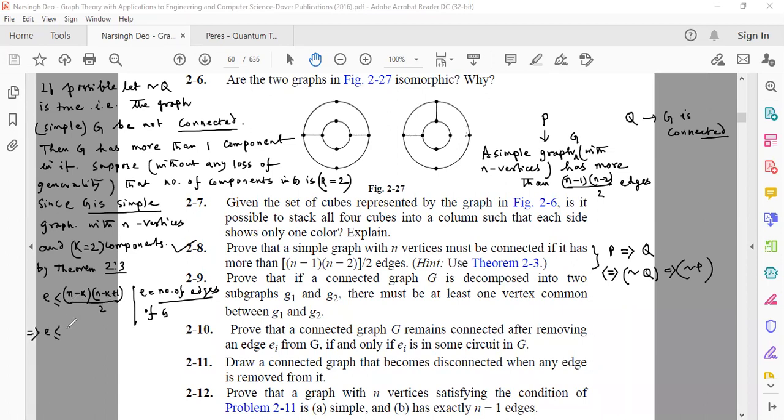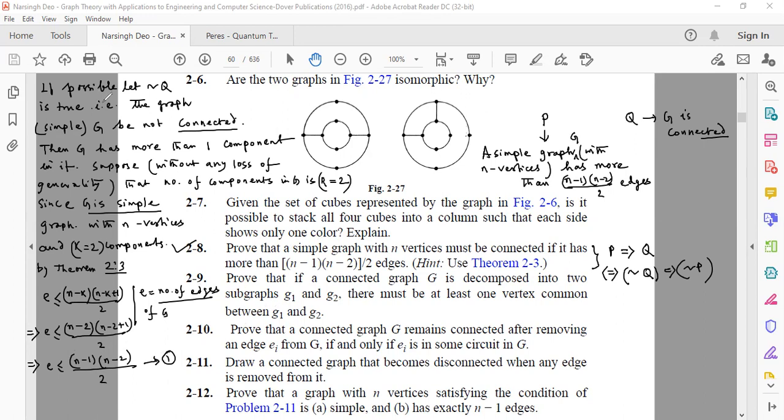If I substitute the value for k, we will get (n minus 2)(n minus 2 plus 1)/2. And this becomes: the number of edges is less than or equal to (n minus 1)(n minus 2)/2. We can name this as equation number 1.